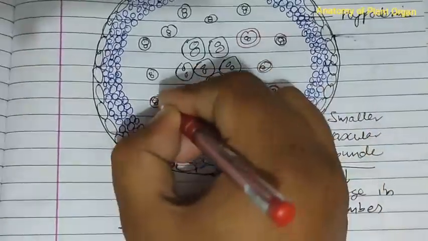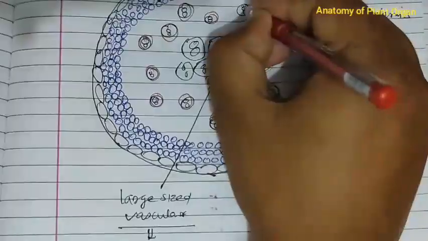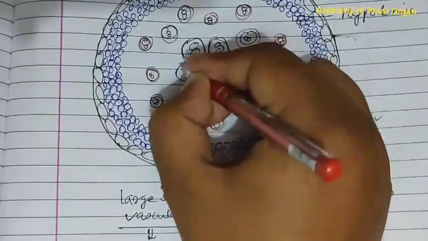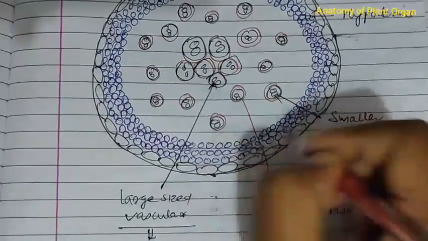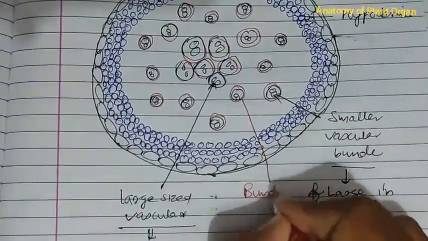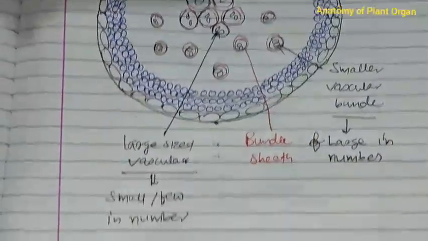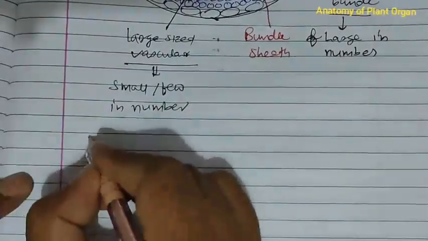Bundle sheath around xylem and phloem. So this red color represents bundle sheath.